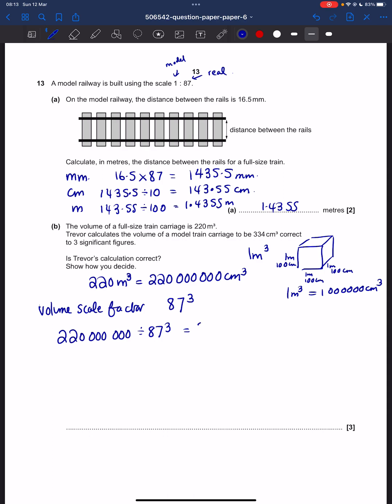And that comes up as 334.09, etc., cubic centimetres, which is 334 to 3 significant figures. So Trevor is correct.